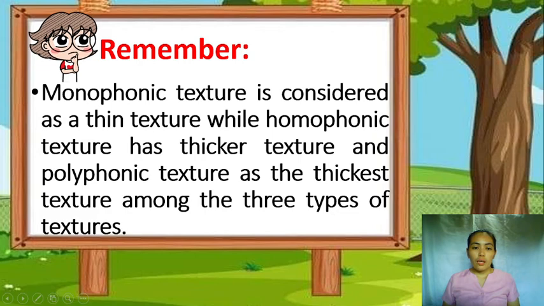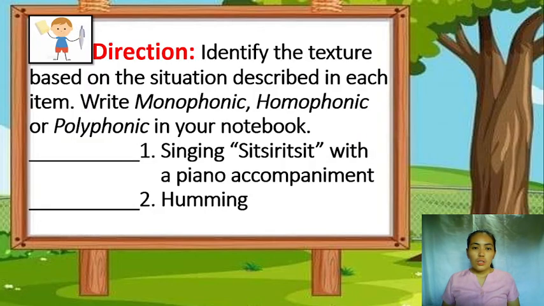Now, in order to test your understanding of our lesson today, I have here an activity. You're going to identify the texture based on the situation described in each item. Write monophonic, homophonic, or polyphonic in your notebook. Are you ready? Timer starts now.